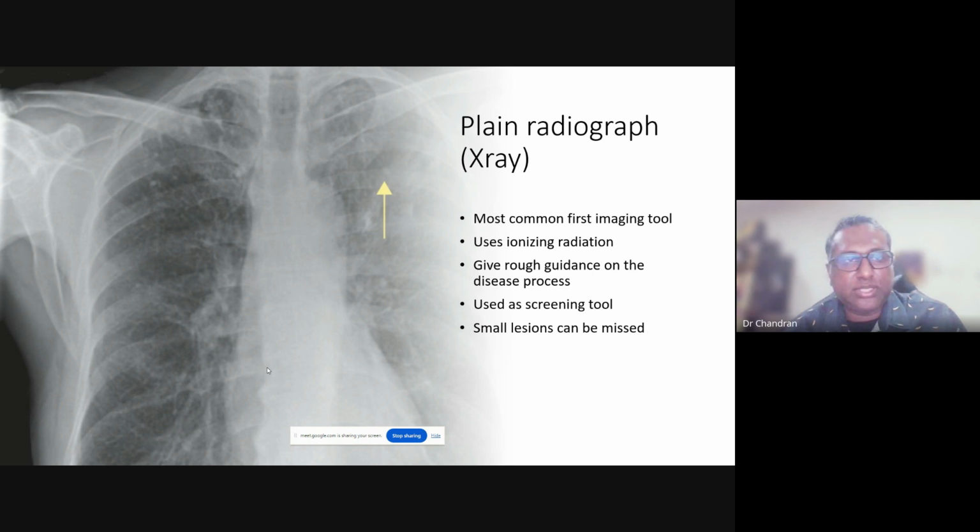The issue with this type of radiograph is that it uses ionizing radiation. There are two types of radiation: one we call non-ionizing radiation, and the second we call ionizing radiation. To make it simple, non-ionizing radiation we can consider a safe type of radiation.